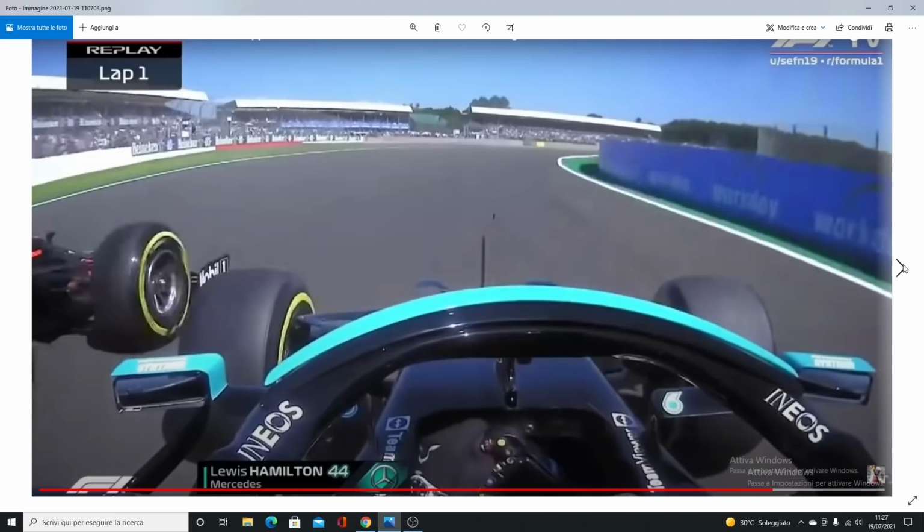And this is what sparked the controversies, because we can see Hamilton has a lot of space between him and the wall, but as we said before, he's gone a bit to the outside to take a better racing line, but he hasn't considered the fact that there is another car beside him. In fact, this is going to cause a crash.